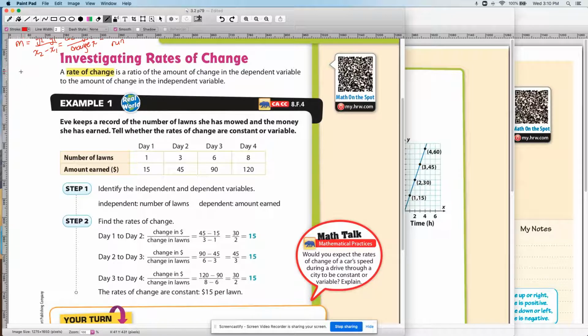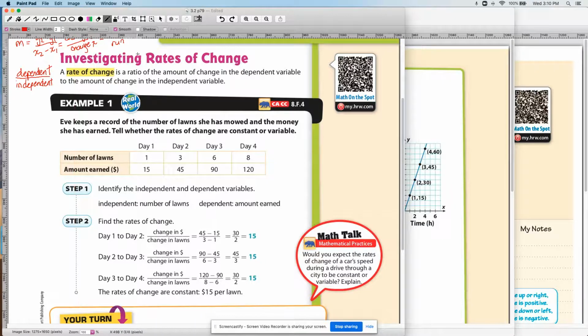So the rate of change is going to be the dependent variable over the independent variable. If it gets confusing, think of this alphabetically. D comes before I, so D goes first, then independent. If you can't remember it, just think of some sort of tricky way that will help you remember it.